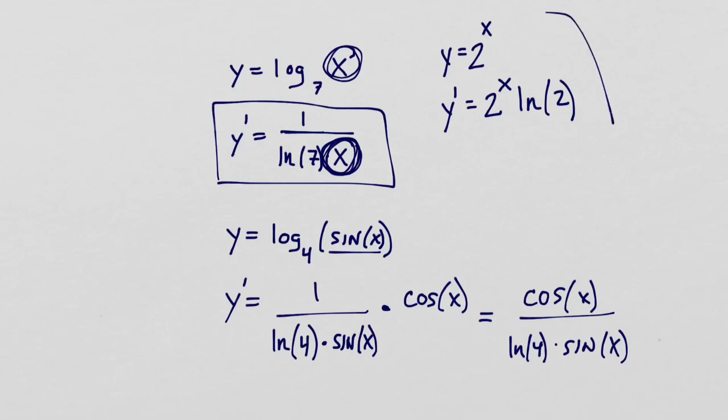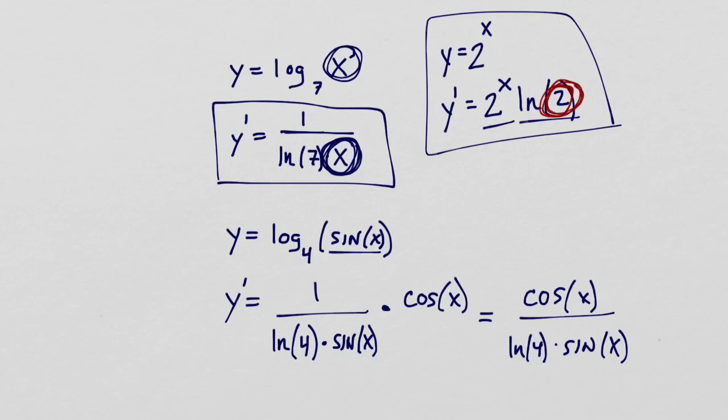And you know what? I just thought of another point here that I'd like to make. If y is equal to 2 to the x, we've talked about how the derivative is 2 to the x times the natural log of 2. Take note of the fact that what's inside of the natural log here is the base. That's a common mistake that people make. People oftentimes take the natural log of the exponent, but it's the natural log of the base, whatever the base is.